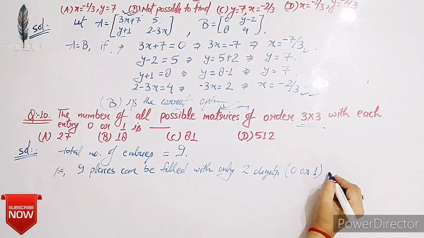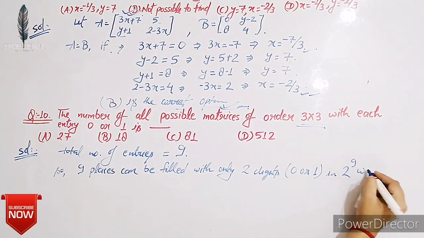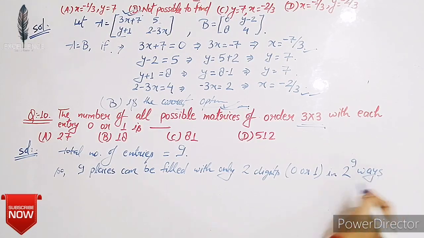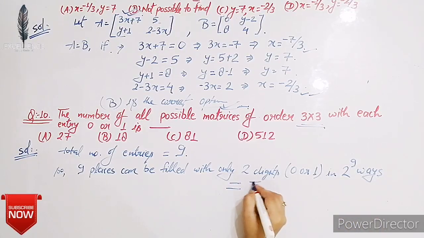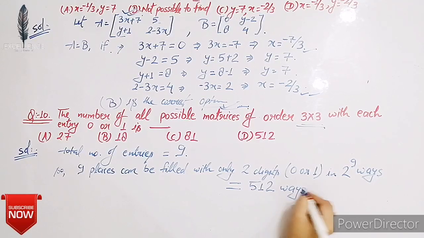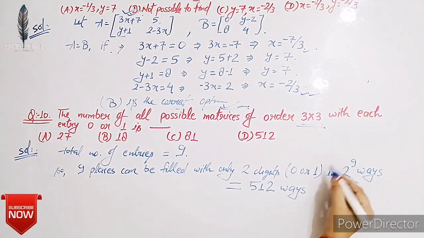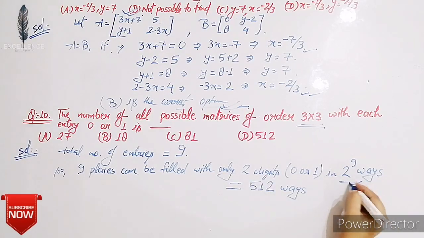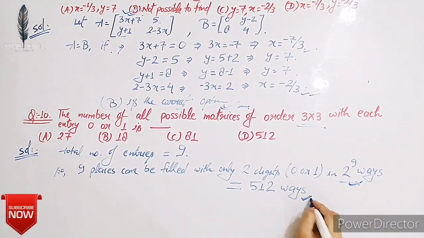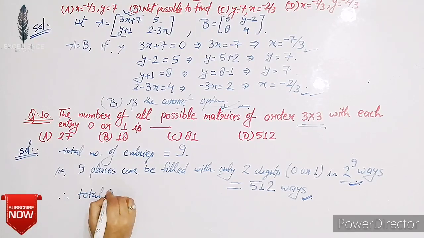So by using permutations and combinations, जो चैप्टर आपने 11th में पढ़ा है, there are 2 raised to 9 ways. Total 2 raised to 9 ways, that is equal to 512 ways. Okay, 2 raised to 9, that is 512. There are 9 places that can be filled with only 2 digits. So it is equal to 512.